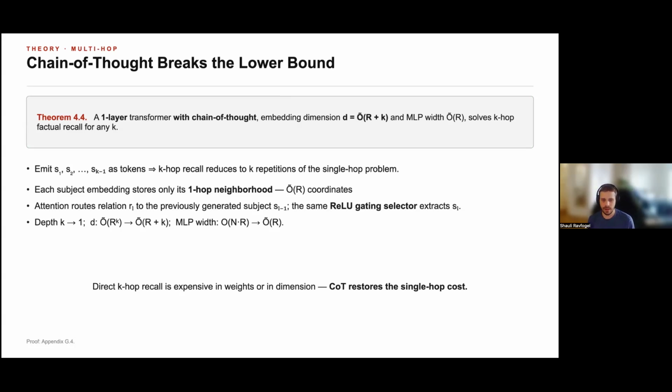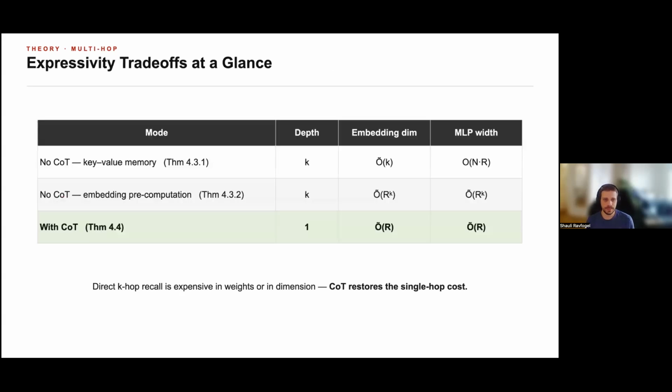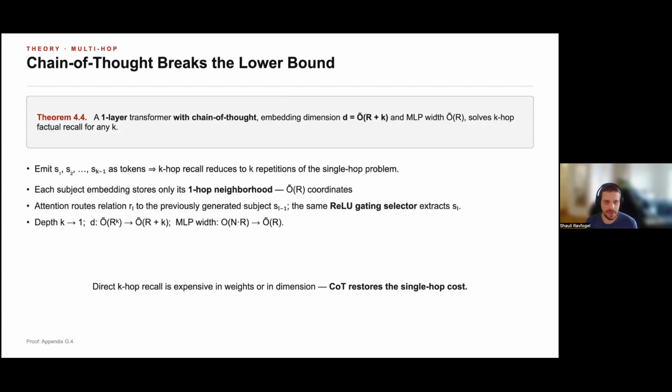Okay, so we're going to get a linear embedding width. There is some machinery in the proof, but I think the intuition is very clear, and we find that with chain of thought, k-hop factor recall becomes almost trivial. So this is a table summarizing the different regimes with and without chain of thought. And in the interest of time, I'll continue to the more experimental part of the paper.